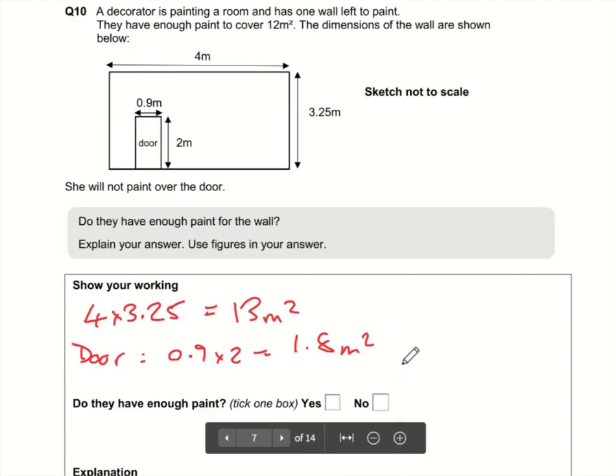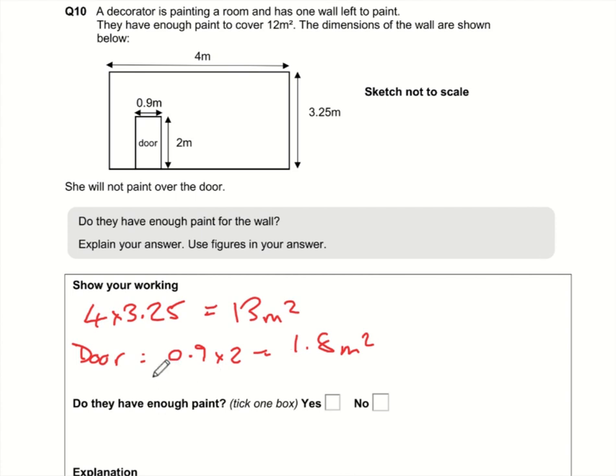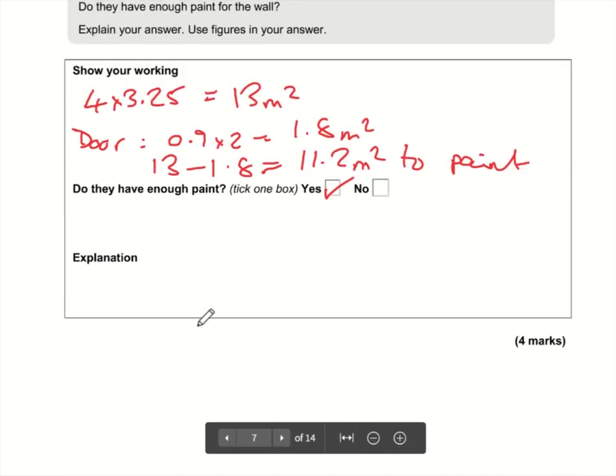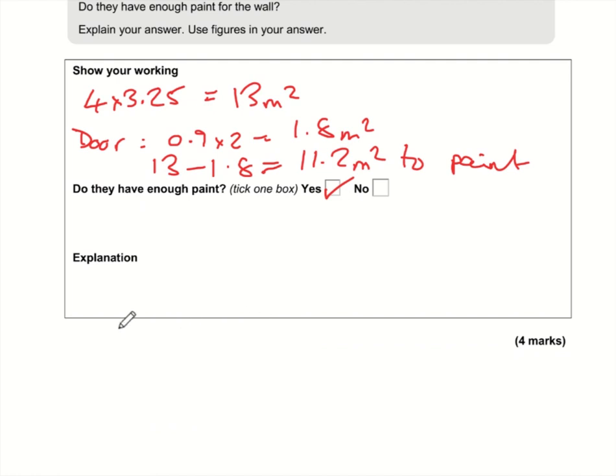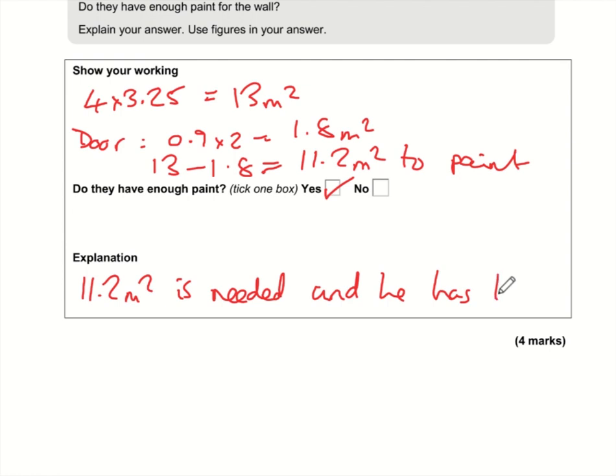So therefore the only bit that he needs to paint is 13, take away 1.8, and that is 11.2 square meters to paint. He's got 12 square meters worth of paint, so do they have enough paint? Yes, and I never really understand why we still need to have an explanation. 11.2 meters squared is needed, and he has 12 meters squared. Seems a bit unnecessary, but there we go.